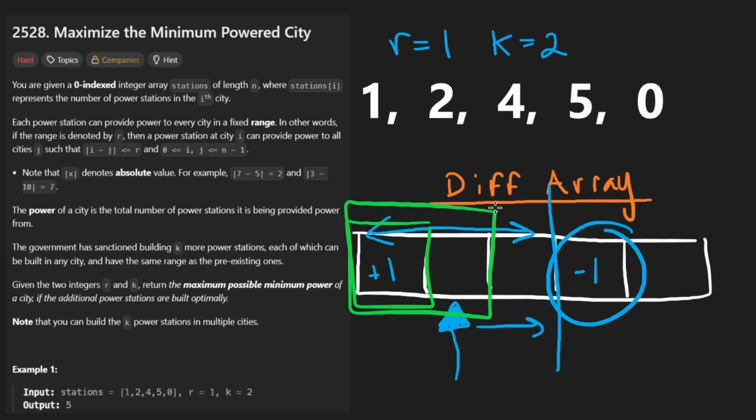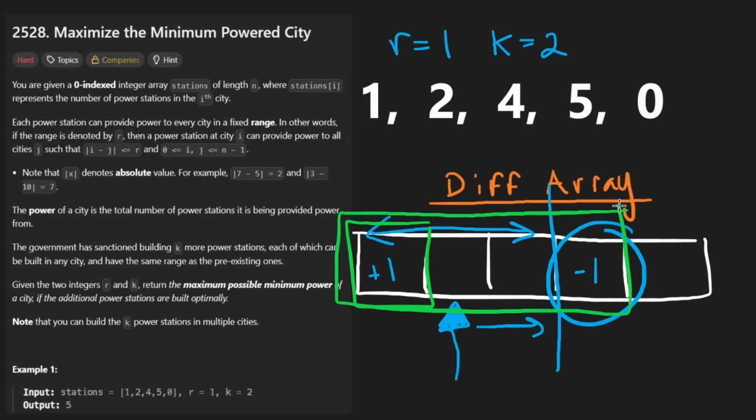And it keeps going like that. And by the time we get over here, now we want all the powers applying to this spot. And that's why we have the -1 over here, because that +1 stopped over here. It doesn't apply here anymore. So that's why we have to take it away.